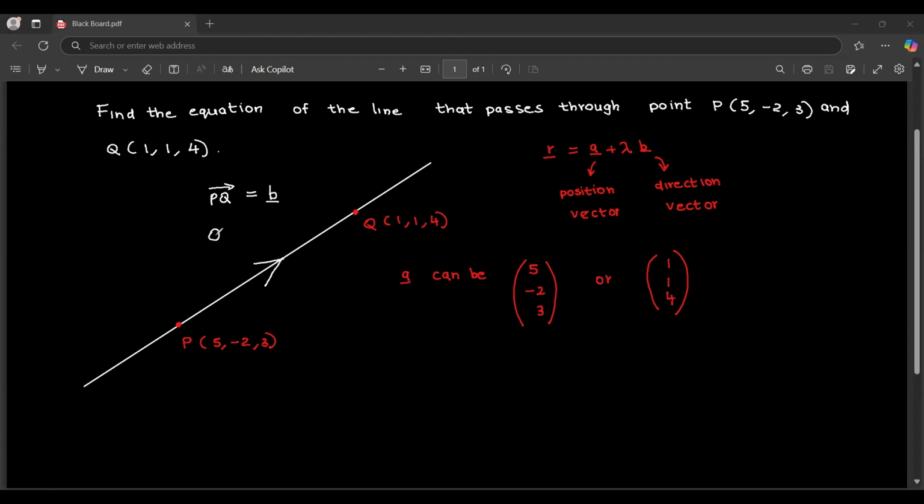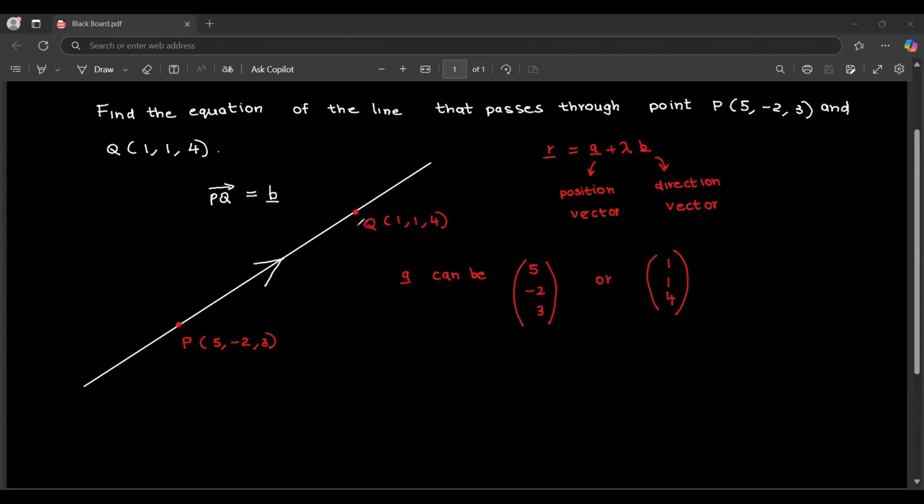Or it can be QP also. It doesn't matter, as long as the vector depicts a direction, that's enough. So I will just take PQ so that it will be easy for us.